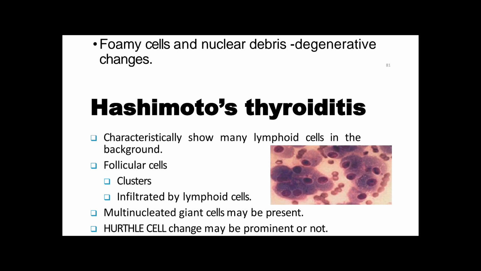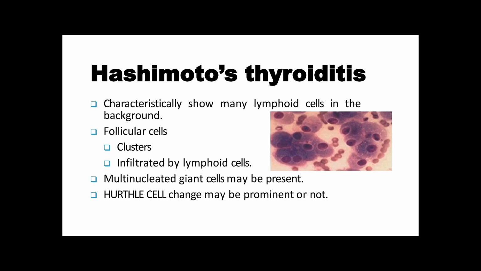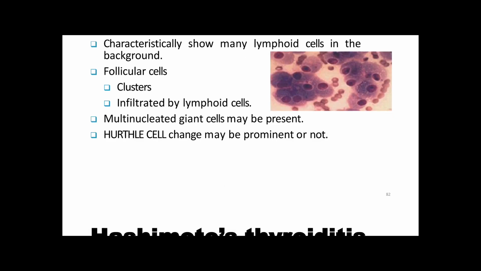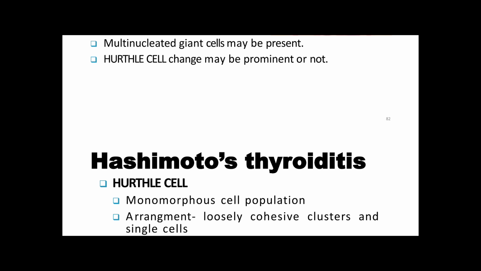There are clusters of follicular cells infiltrated by lymphoid cells, and multinucleated giant cells may be present. Hurthle cell changes may be prominent or not. These are the special cells you can see in the thyroid glands.